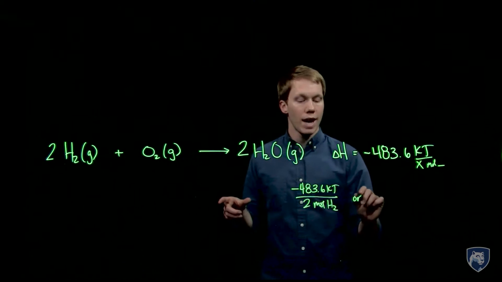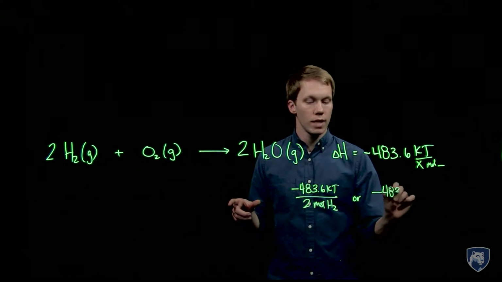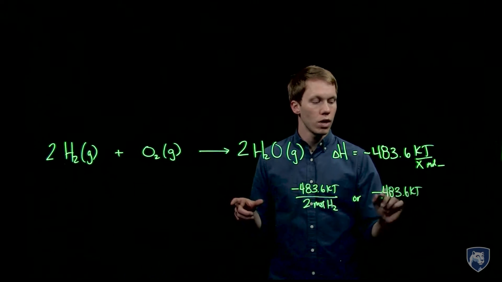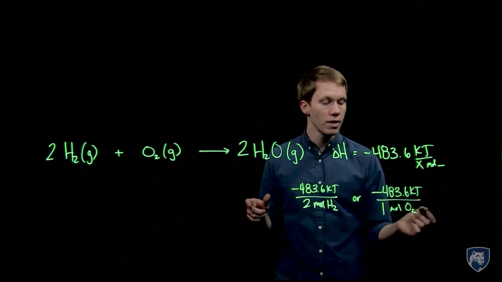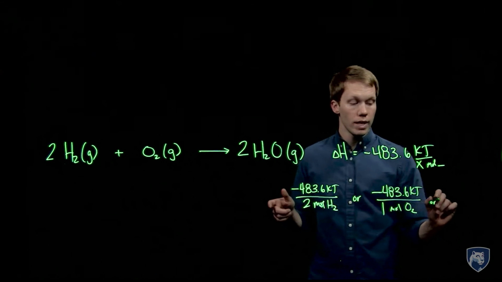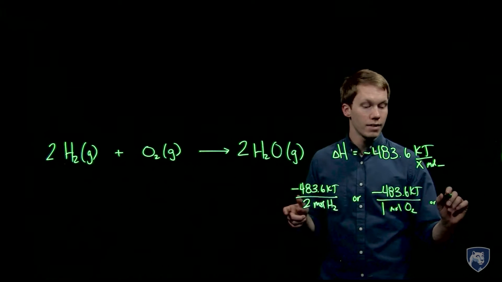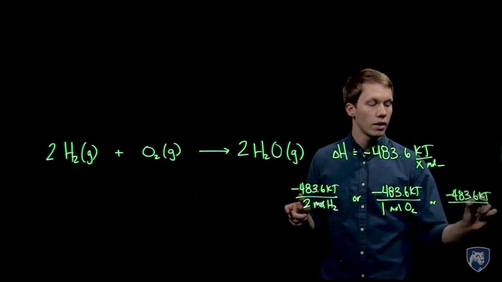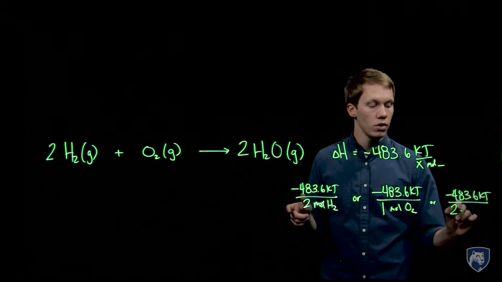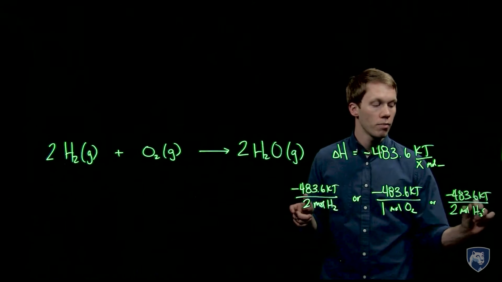We could write it as negative 483.6 kilojoules given off per 1 mole of oxygen, or we could write it as negative 483.6 kilojoules given off per 2 moles of water produced.